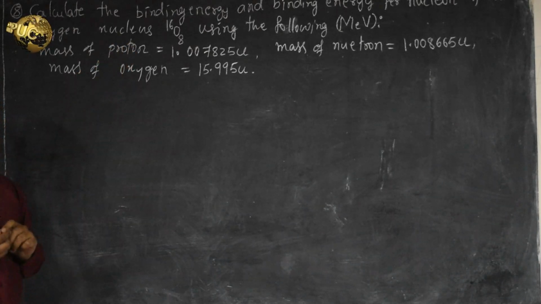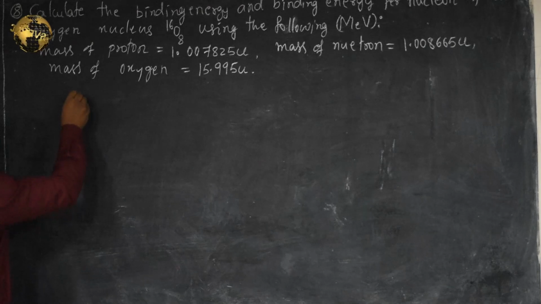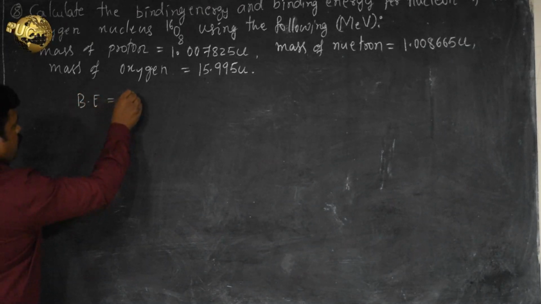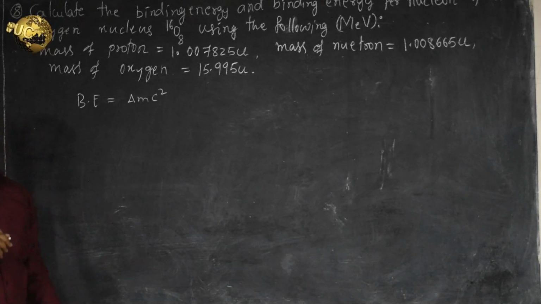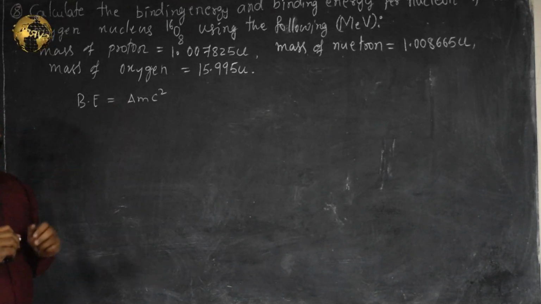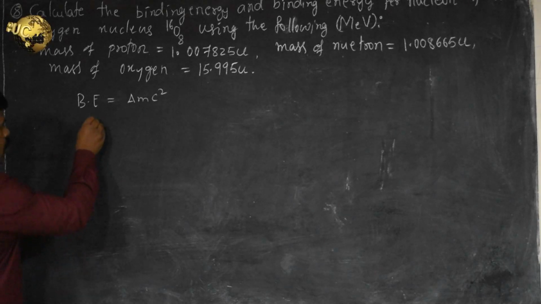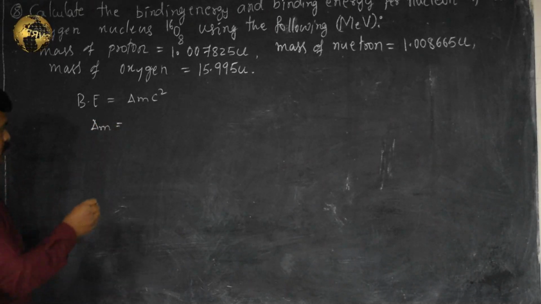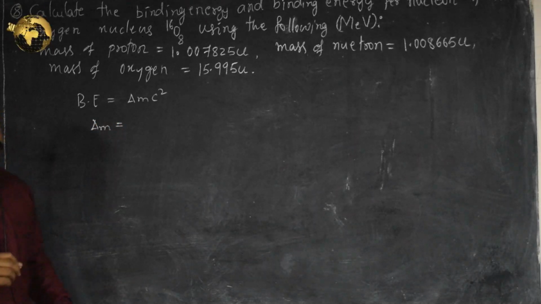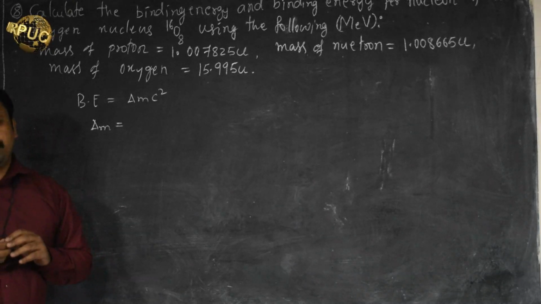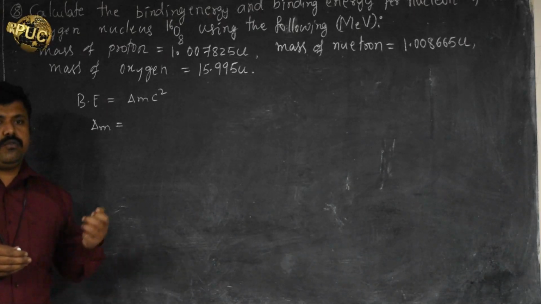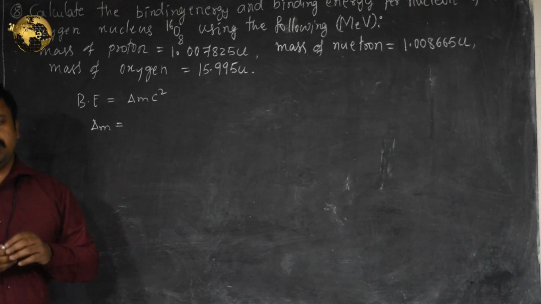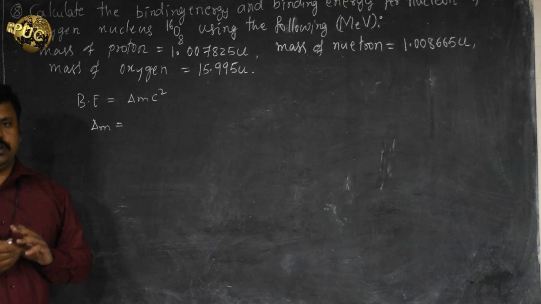So binding energy is delta m multiplied by the square of the speed of light. Delta m is called mass defect and is defined as the difference in mass between the sum of the constituents of the nucleus and the actual mass of the nucleus.